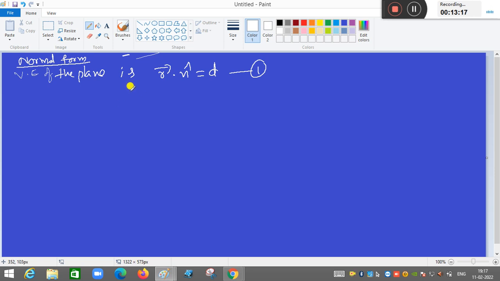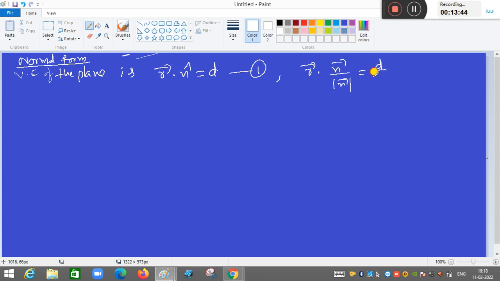Listen here, listen please. So here R bar dot n cap means what? What is n cap? N cap is n bar by magnitude of n bar. If you divide this equation on both sides by magnitude of n bar, we get this.